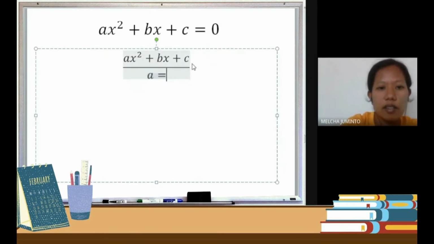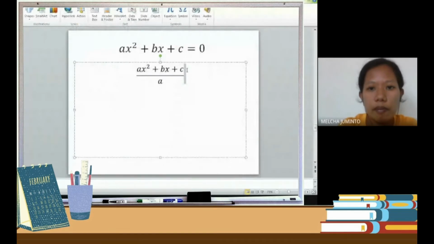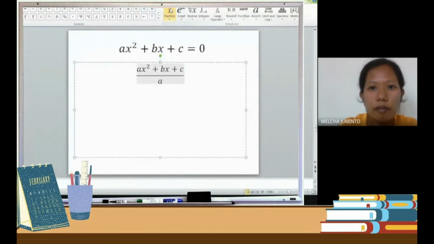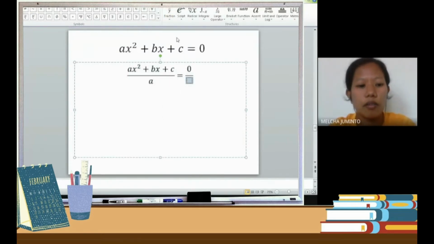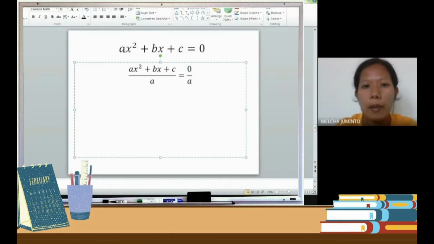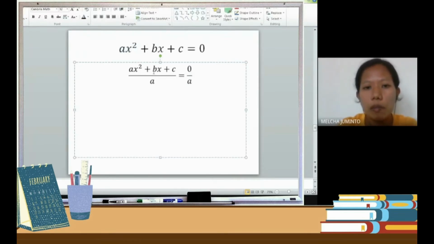Sorry, the equation is missing. So it should be equals 0 over a. So in this step, divide both sides by a. Because there is a number here represented by a, we need to divide both sides by a. Once we divide both sides by a, we will obtain this.